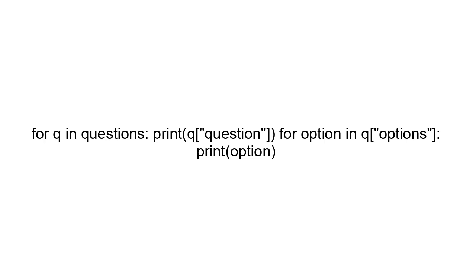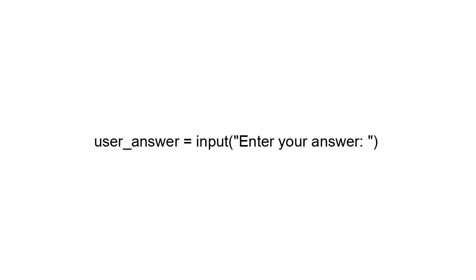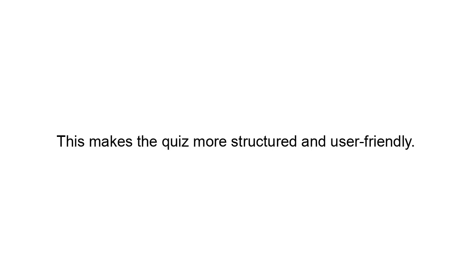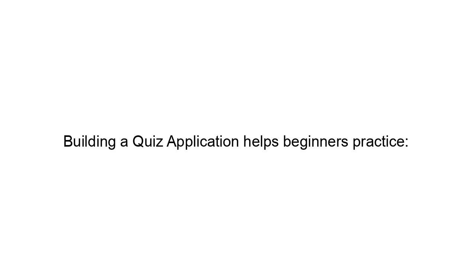For option in q["options"]: print(option). User_answer = input("Enter your answer:"). If user_answer.upper() == q["answer"]: print("Correct"), score += 1. Else: print("Wrong"). Print("Final score:", score). This makes the quiz more structured and user-friendly.